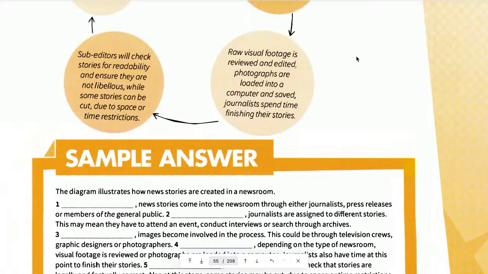So first you have something raw, and that raw visual footage should be what? Reviewed. Reviewed means checked. And then edited. You know edited? That means you cut, you add some effects there. You make it more beautiful, something like that, right?